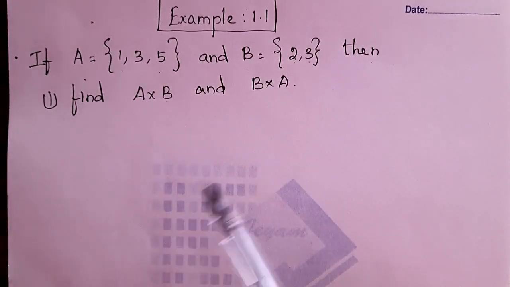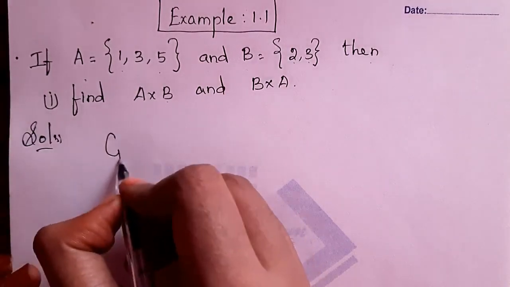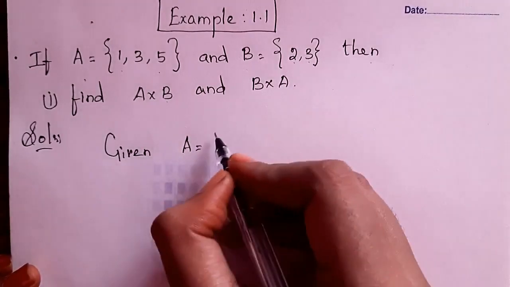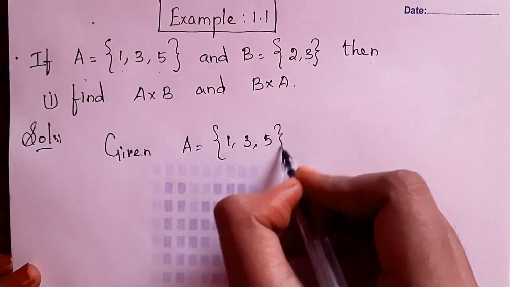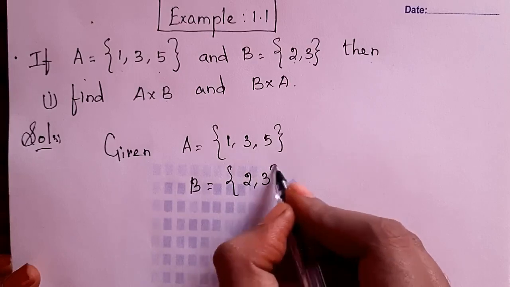Okay. First, we can write the given. What is given? Given A equals the set {1, 3, 5}. Also B equals the set {2, 3}.